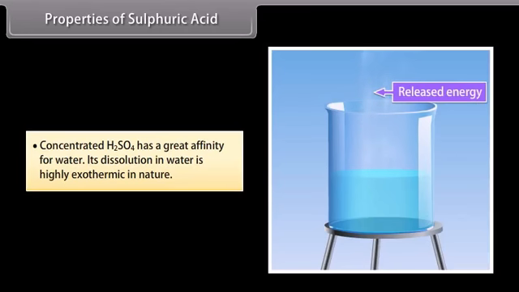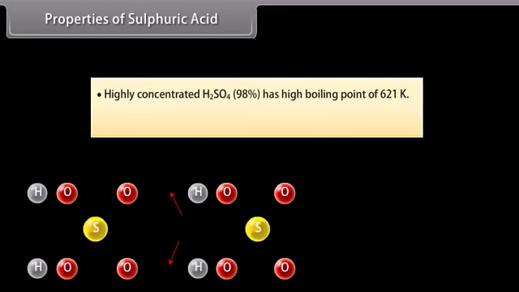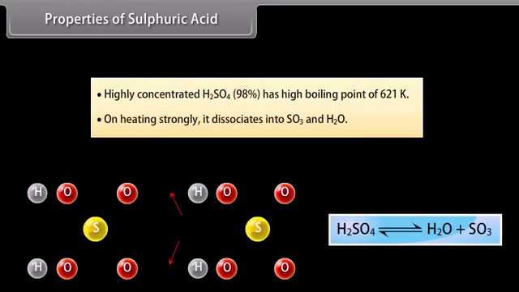Its dissolution in water is highly exothermic in nature. Highly concentrated H2SO4 has a high boiling point of 611 Kelvin. It shows that H2SO4 has an associated structure due to hydrogen bonding. On heating strongly, it dissociates into SO3 and H2O.